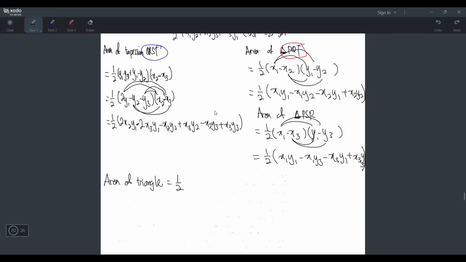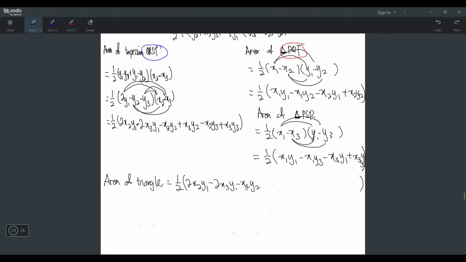You can see that all these three terms have 1 over 2. So why not you just factorize out the 1 over 2, and now you write down everything inside this bracket, everything here plus everything here and then minus everything here. So it becomes what? x2y1, just copy and paste. Minus x3y1, minus x2y2.